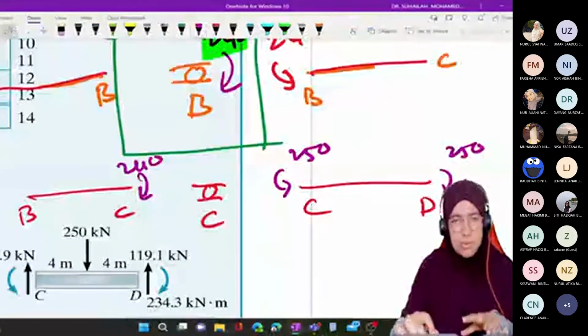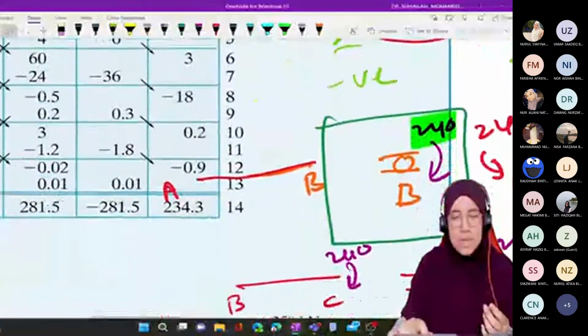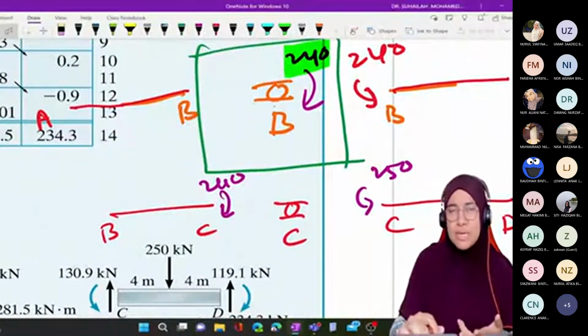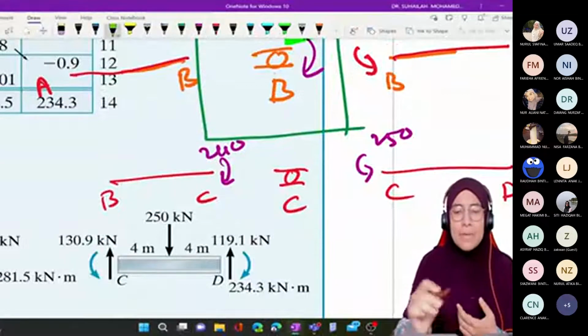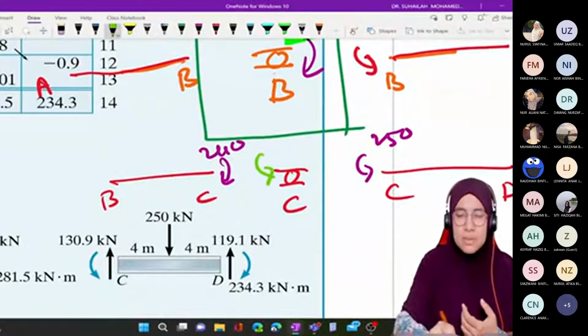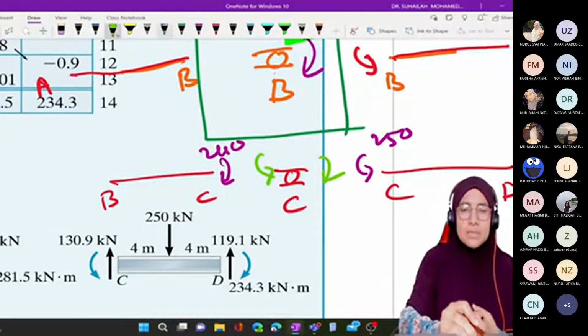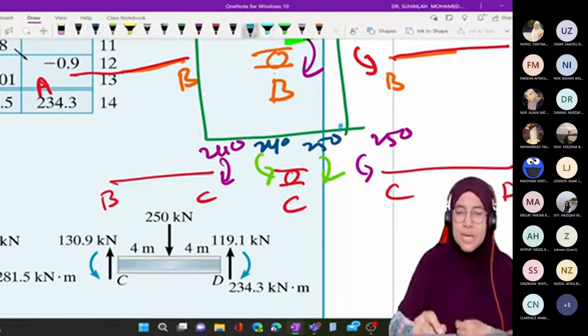This is the value that we put in the table. The moment that we distribute is the joint moment, which is opposite to the member end moment. So this one is 250 and this one is 240. This is what we distribute.